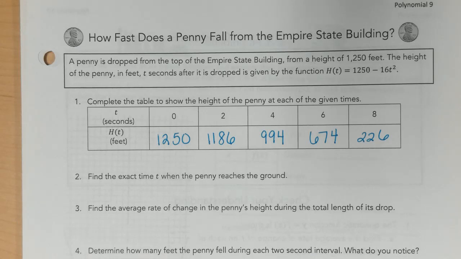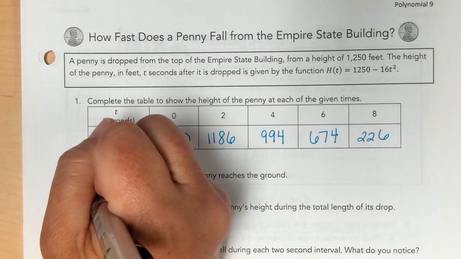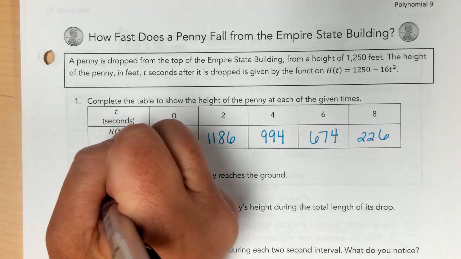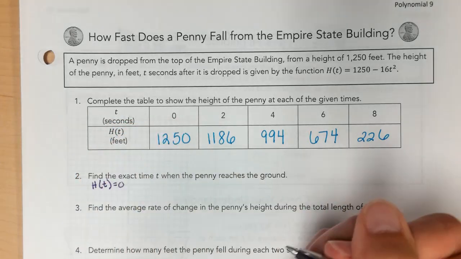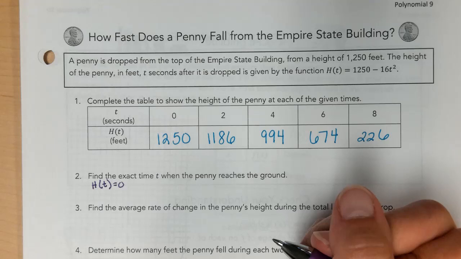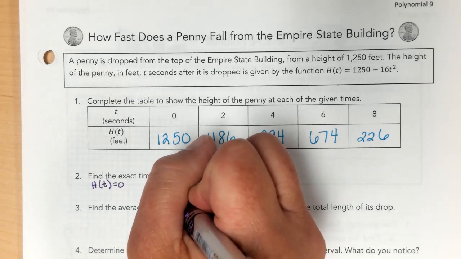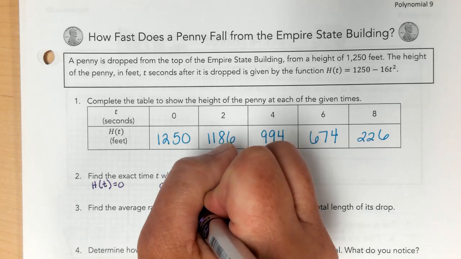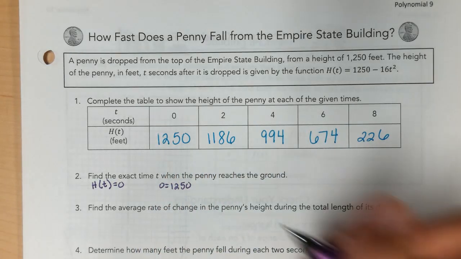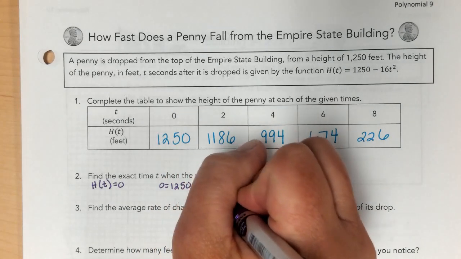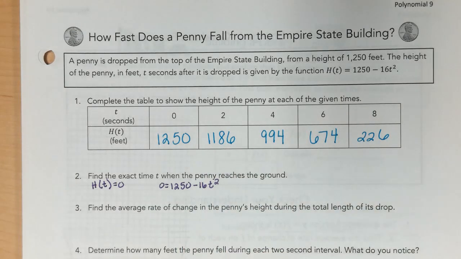Set h of t equal to 0. So I'm going to get 0 equals 1250 minus 16t squared.